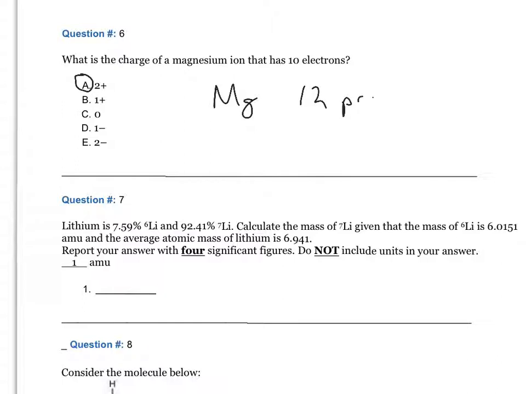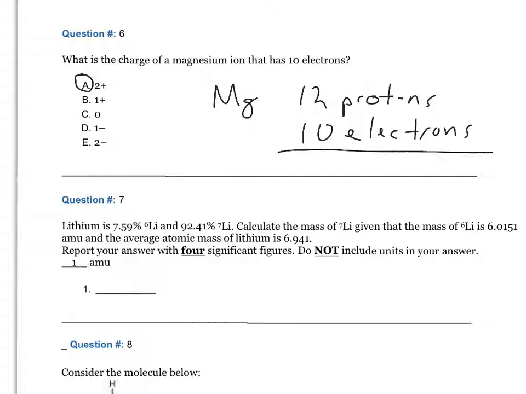That's its atomic number. If it's neutral, it would have 12 electrons, but this one has 10 electrons. Electrons are negatively charged, protons are positively charged. Charge would be +2.